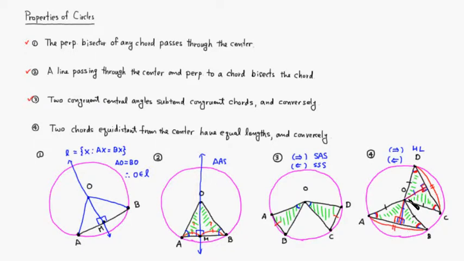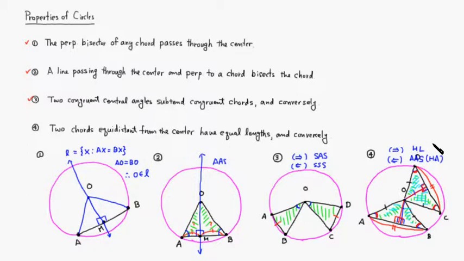Then we can show that these four little triangles are again congruent by angle, side, or you can think of it as HA, hypotenuse and angle.